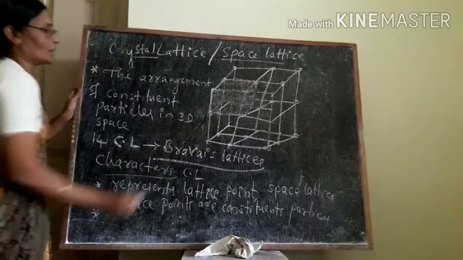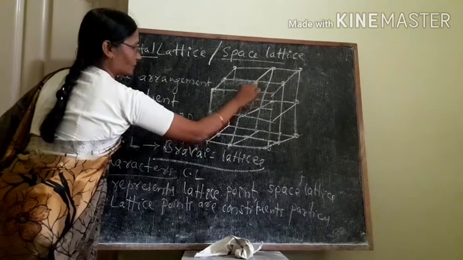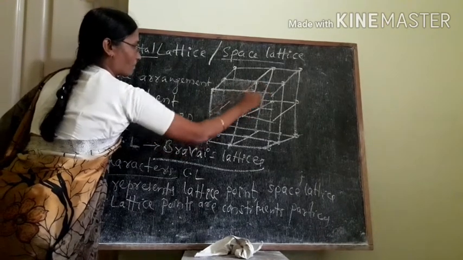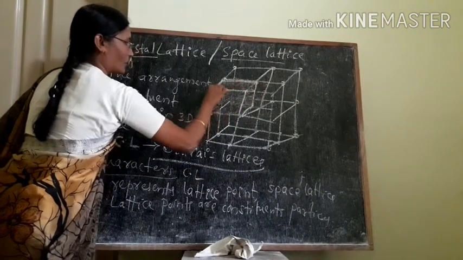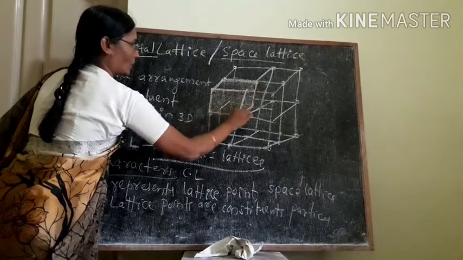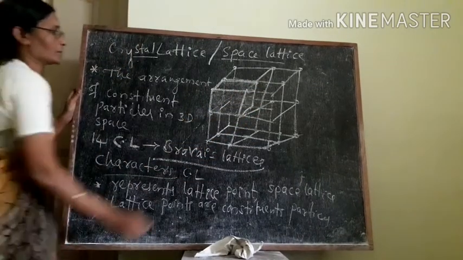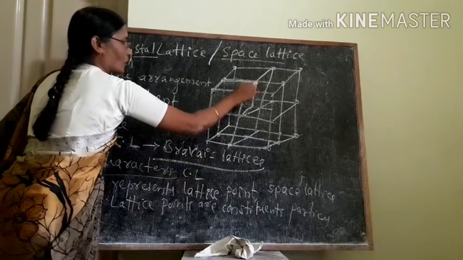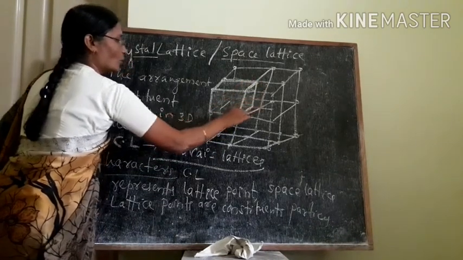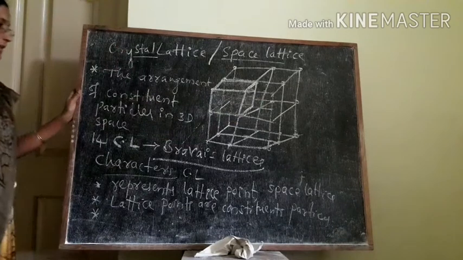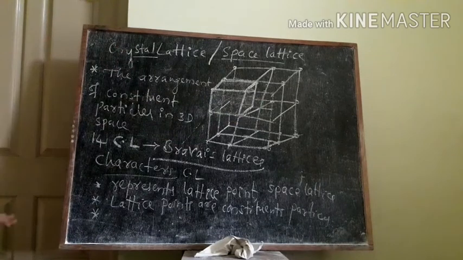There is a simple cube. Okay, so this portion is known as one small portion of the complete lattice, space lattice. The arrangement of particles in three-dimensional space.